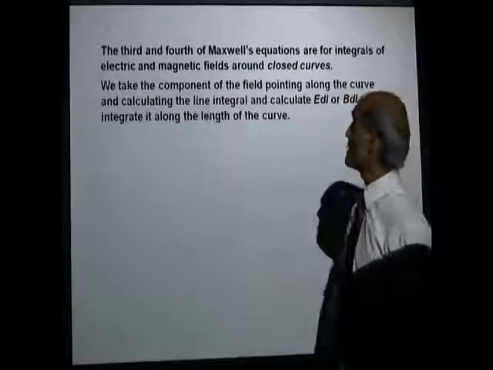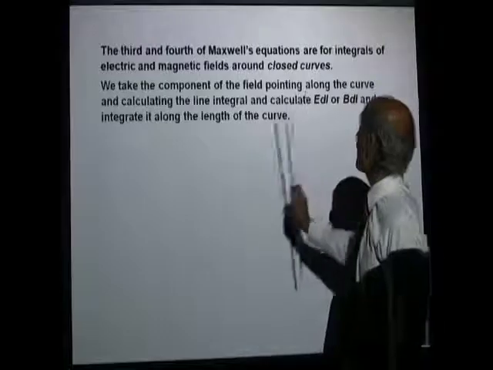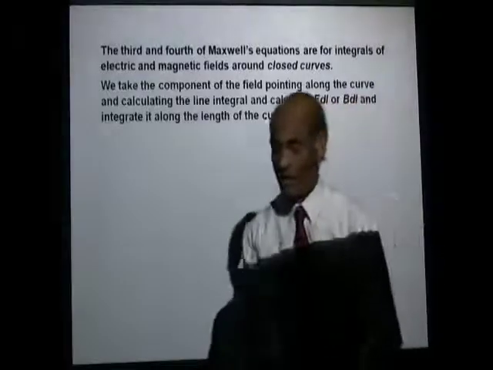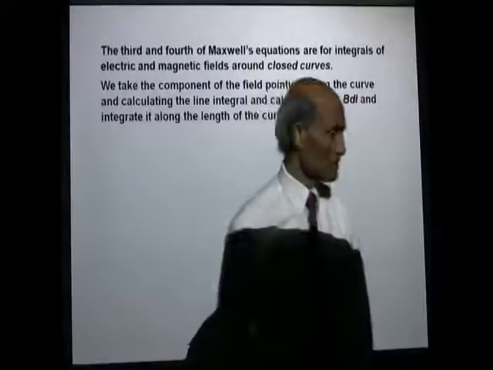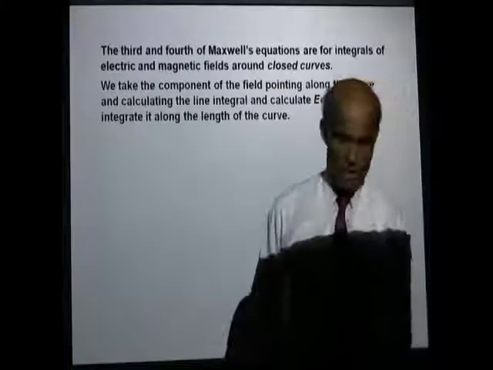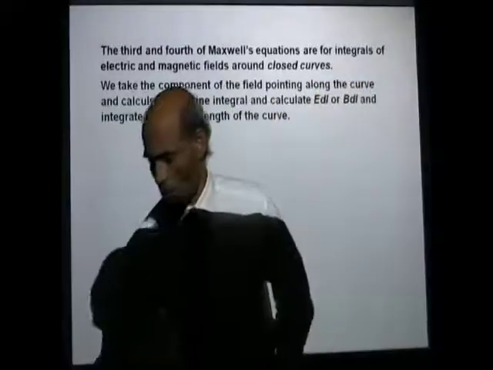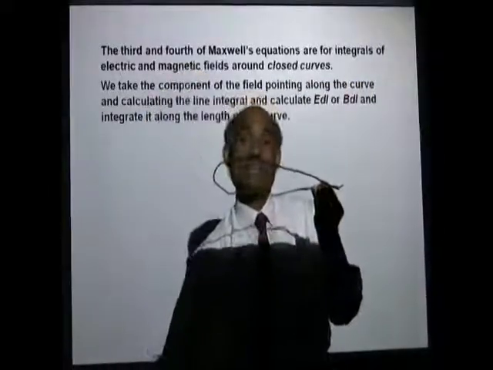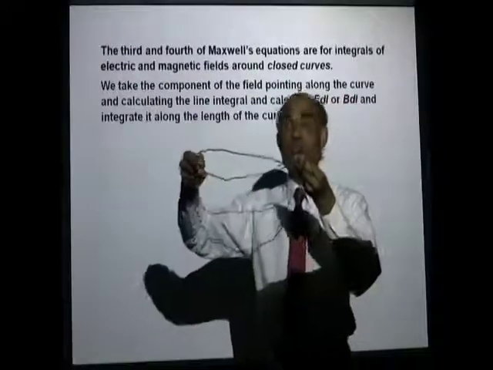Now, we take the component of the field pointing along the curve. Now, that is very important. Here is an example of a closed path.